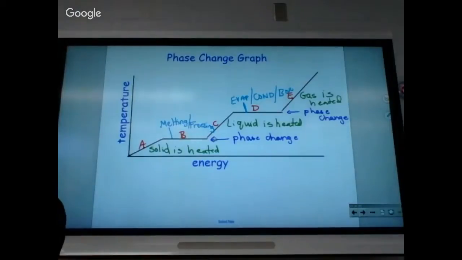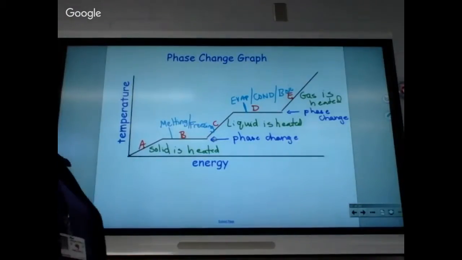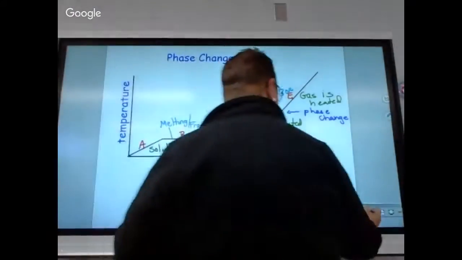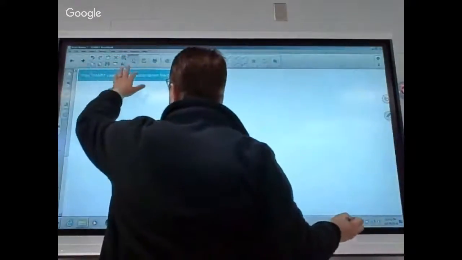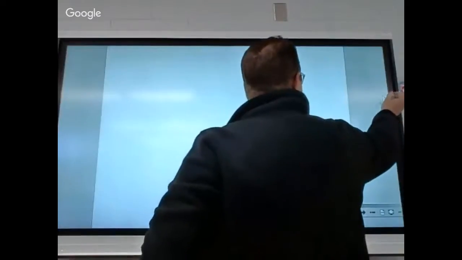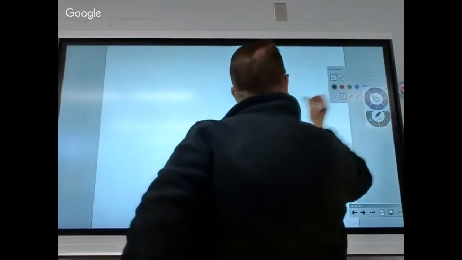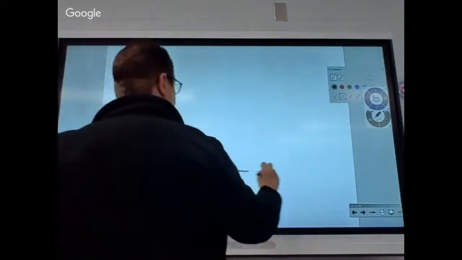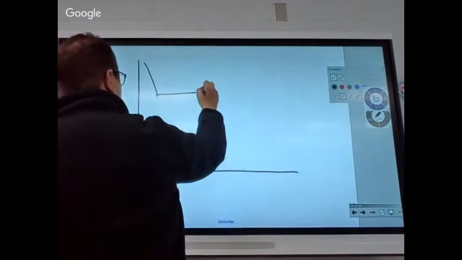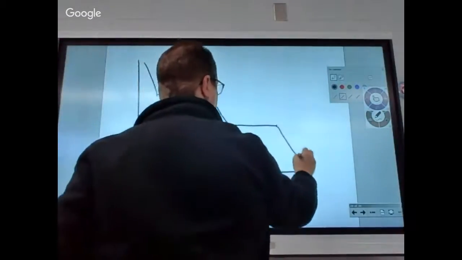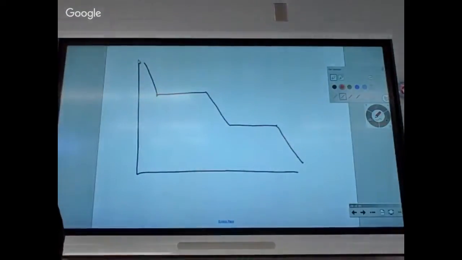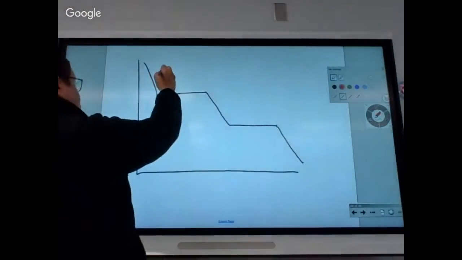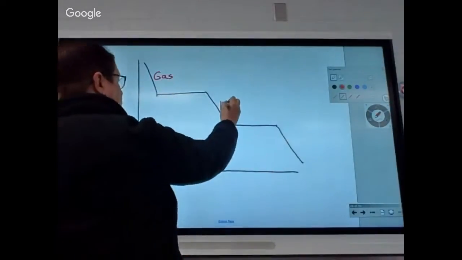Questions about the graph? Now, what if I flip it? What if on the test, I try to get tricky and I do this to you? It's backwards. Does it move anything? No. This is still a gas. This is still a liquid.